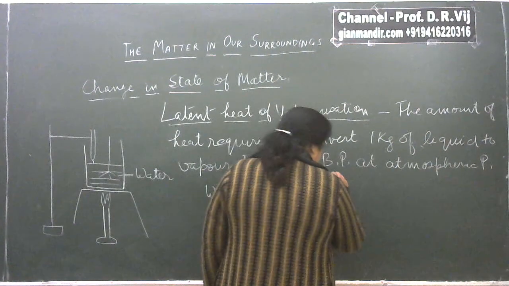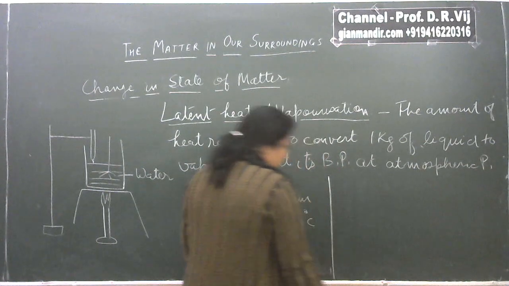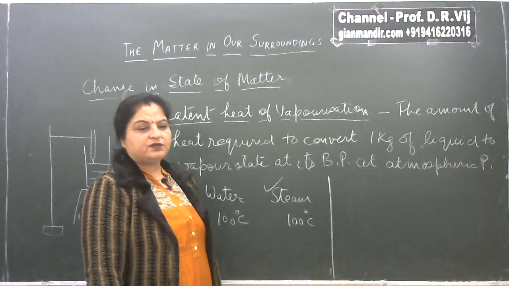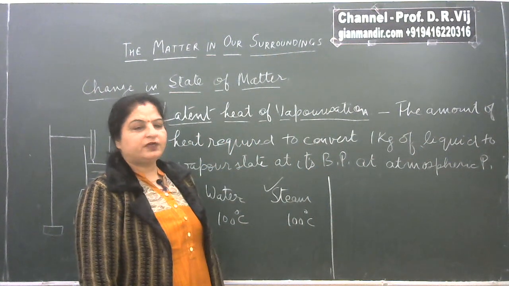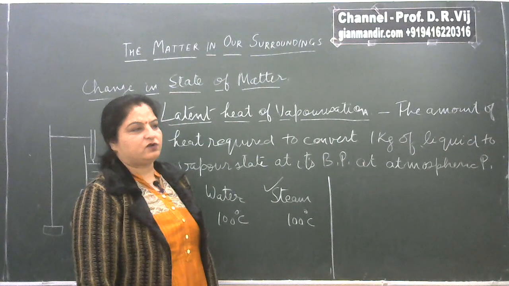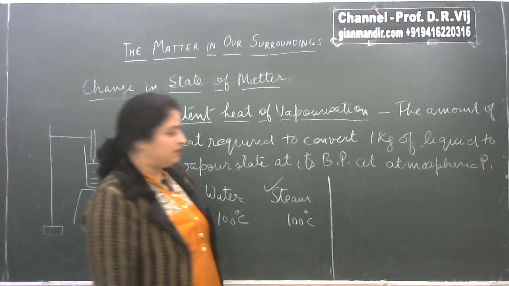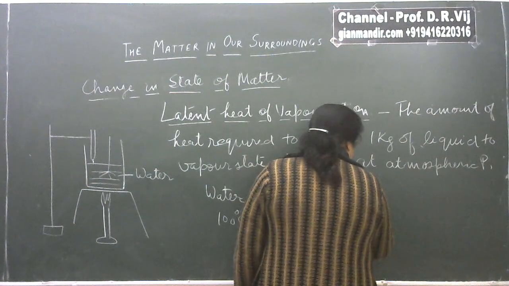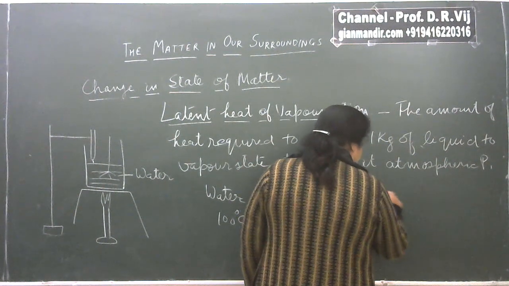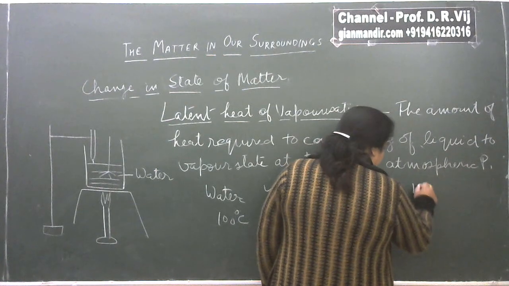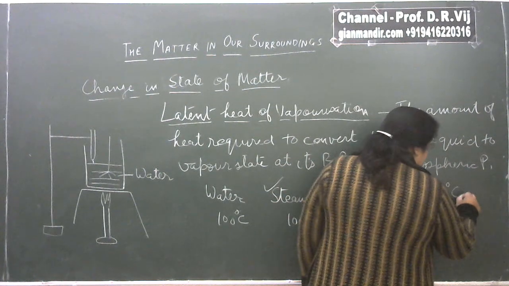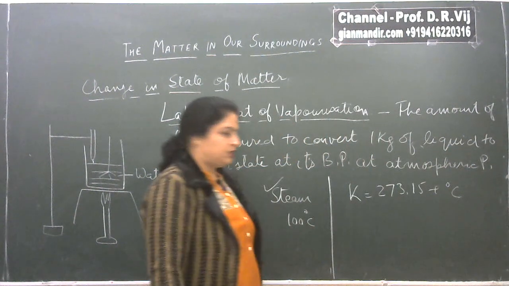And one more thing, the temperature of any substance is generally expressed in two terms, either in degrees Celsius or in Kelvin. So what is the relationship between Kelvin and degrees Celsius? The direct relationship is that Kelvin temperature is 273.15 plus the degrees Celsius temperature.